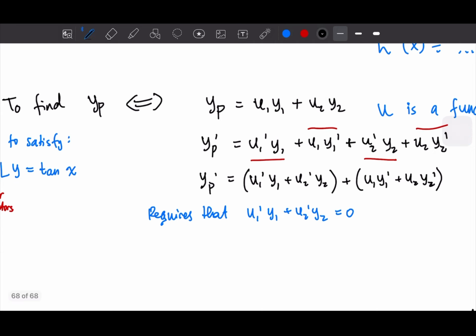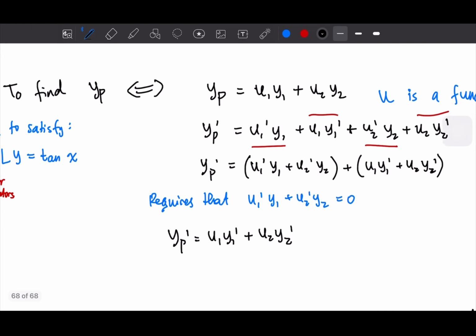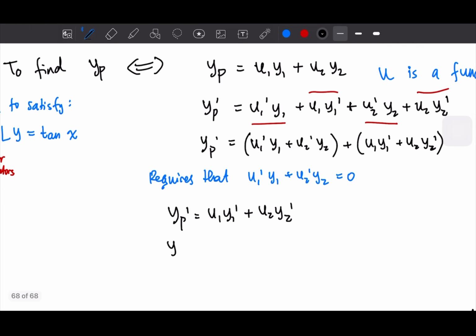And then yp prime is equal to u1 y1 prime plus u2 y2 prime. Okay, and then we take the second derivative.